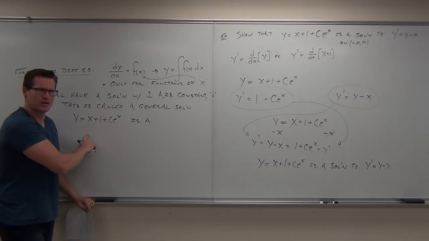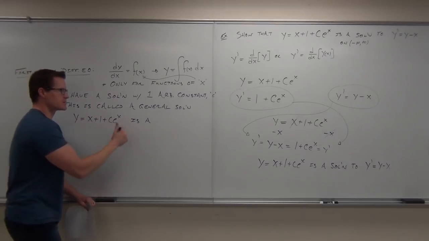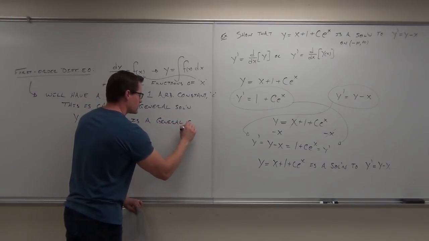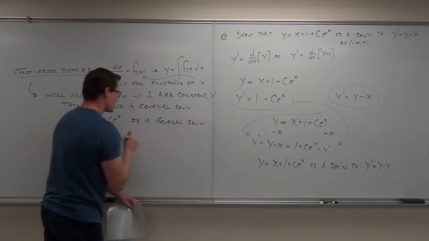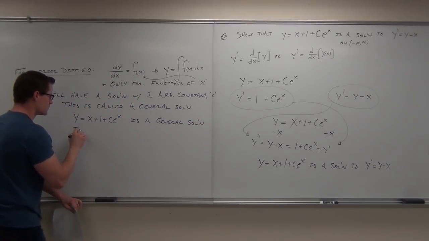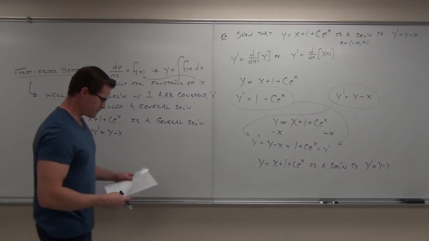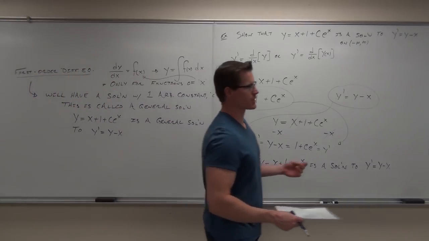Remember that plus c you put at the end of every integral? That's an arbitrary constant. Doesn't matter what it is, you get the same thing, right? This is an arbitrary constant. There's one of them. So this right here is a general solution to this differential equation.